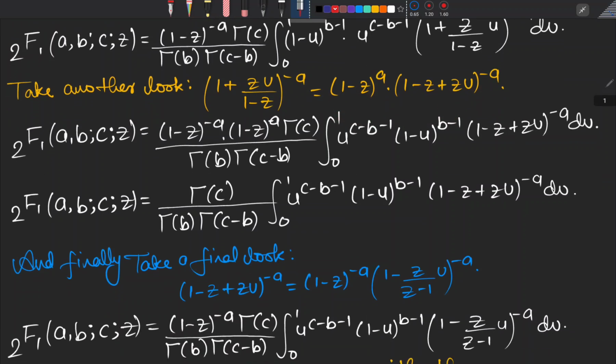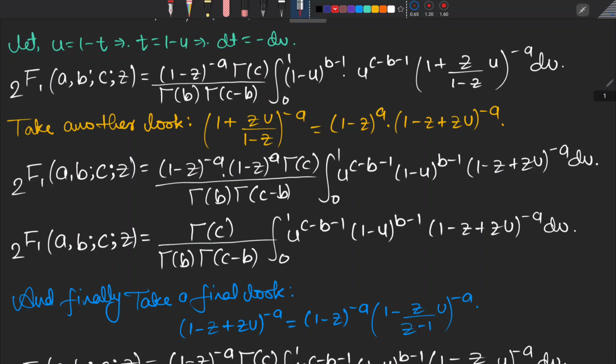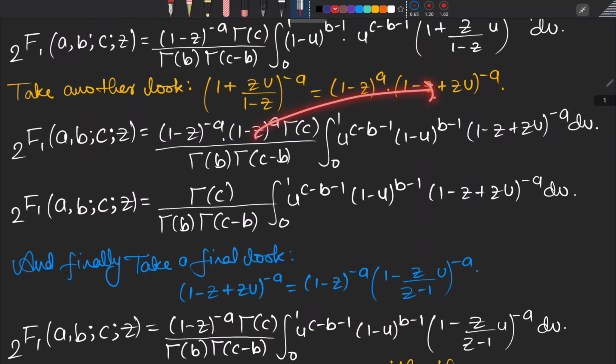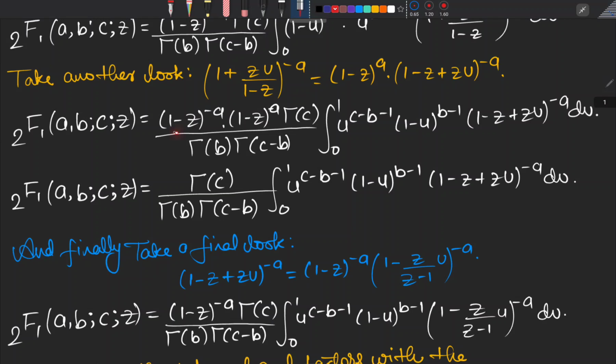And now let's plug this back in place of here. This is independent of u, so that's going to be pulled out of the integral, and we would have this thing equals (1 minus z) to the negative a times (1 minus z) to the positive a.